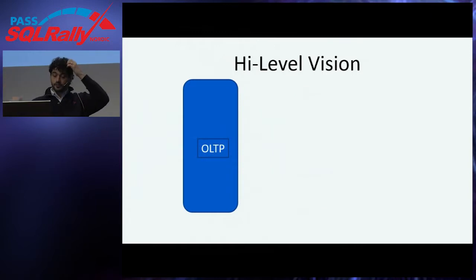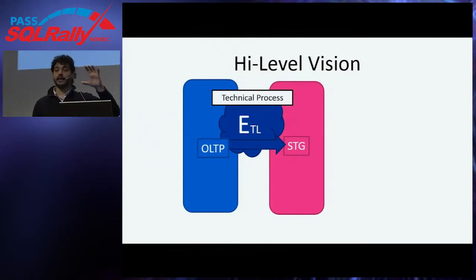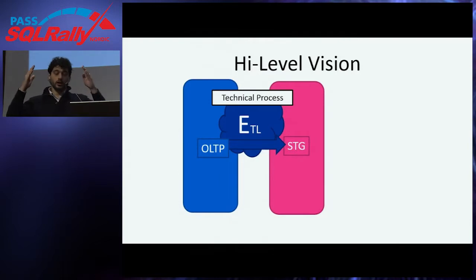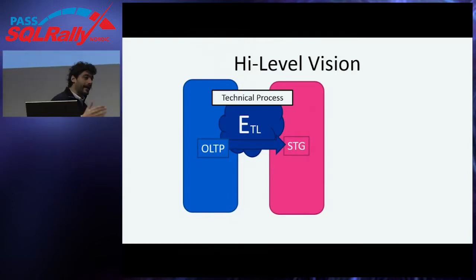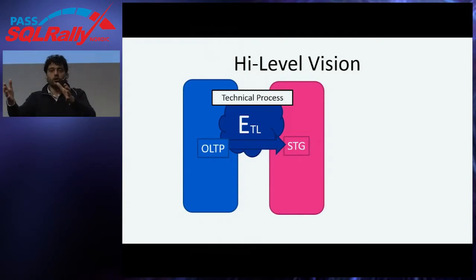So this is the high-level vision. We have the OLTP system, so our sources. We move everything into the staging area, and this is a purely technical process. If I want to incrementally load a table, I don't care about the data that is in the table. I don't care if it's invoices or customers or orders or whatever. It's always the same.